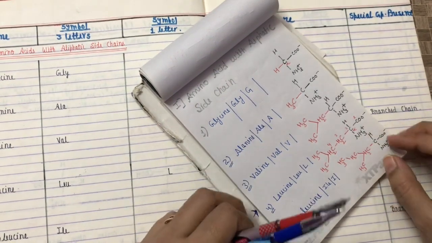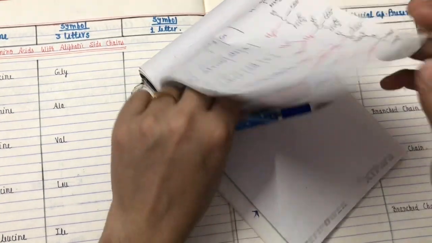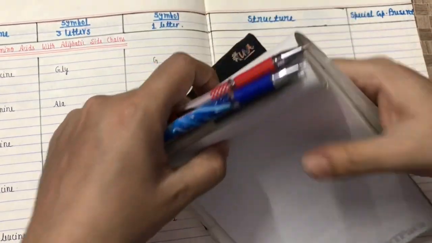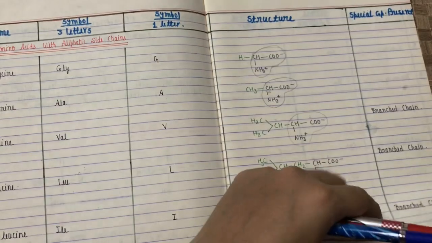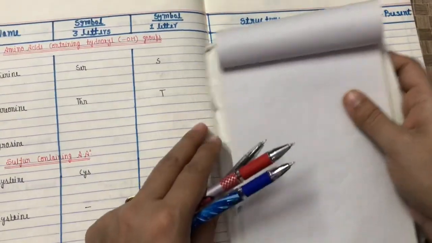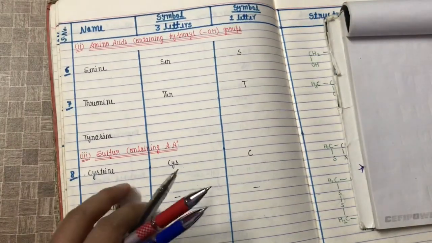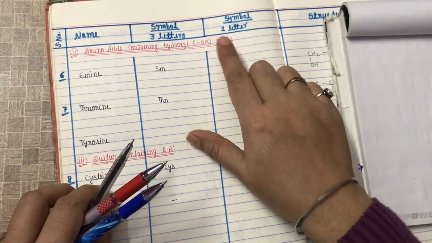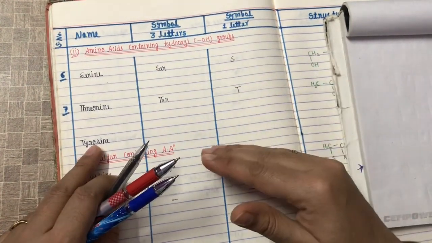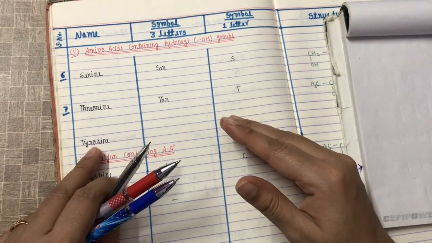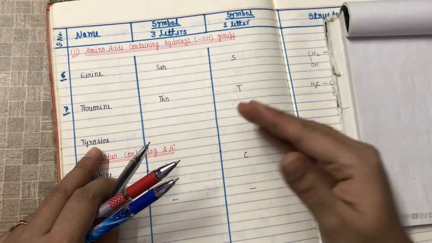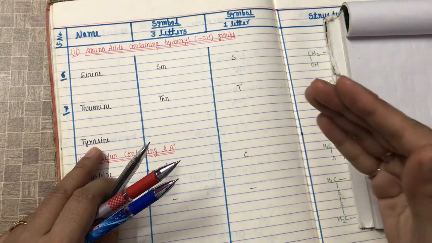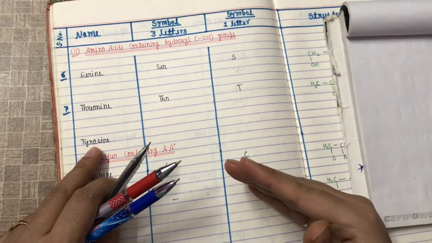We'll continue with the second major group of amino acids, which is the amino acids containing the OH group in the side chain. Amino acids containing hydroxyl group: serine and threonine. There are two amino acids, serine and threonine, which contain the OH group or hydroxyl group in their side chain.